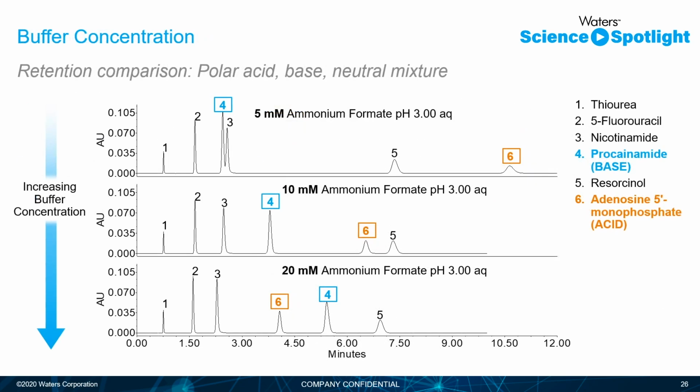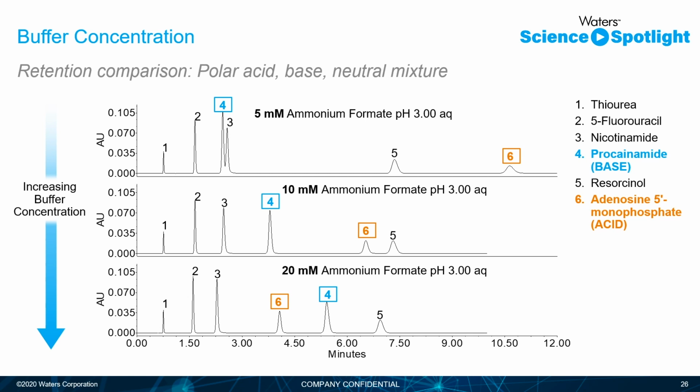So if we look at some retention comparisons, again, for that panel of analytes I've been showing throughout this presentation, which contains some polar acids, bases, and neutrals. In this instance, we're just increasing the buffer concentration, going from 5 millimolar to 10 millimolar to 20 millimolar. And I've just highlighted two peaks of interest here, the basic analyte, procainamide, and the acidic analyte, adenosine 5-monophosphate.